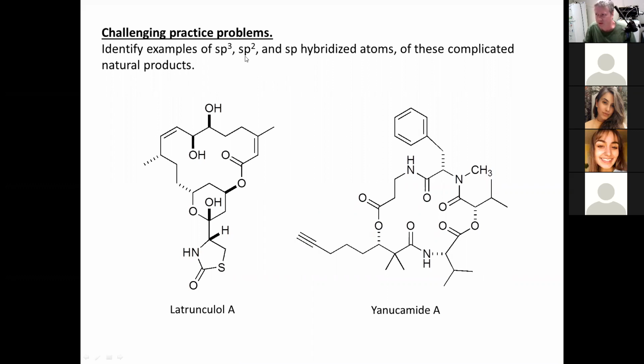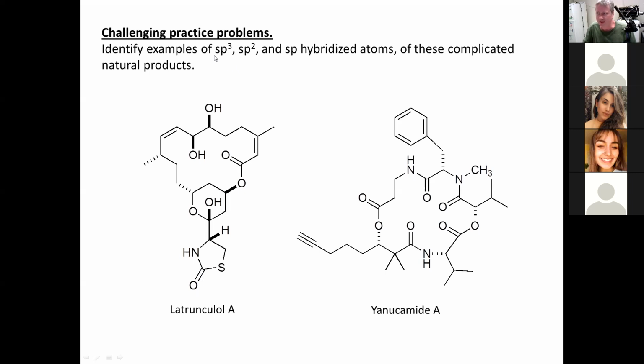Okay, sp2, well, there's a lot of sp2s. sp2s are going to be double bonds, like that's an sp2, that's an sp2, that's an sp2. The benzene CHs, all the benzene carbons are sp2. These are all double bonds, right?